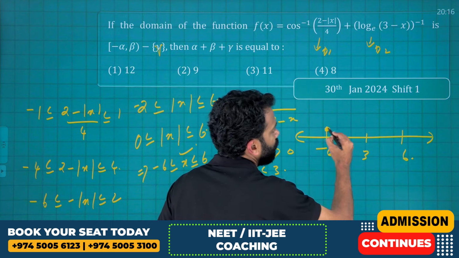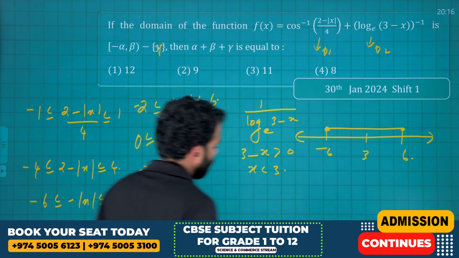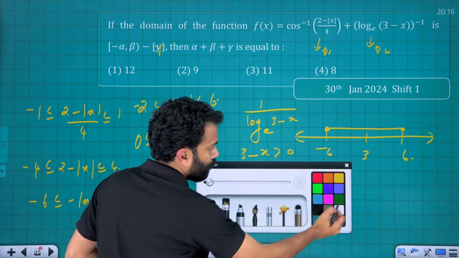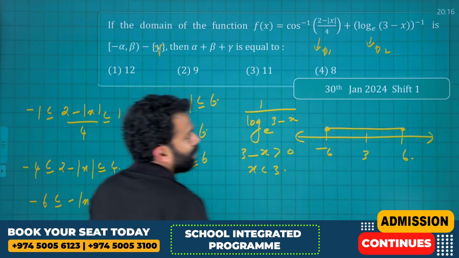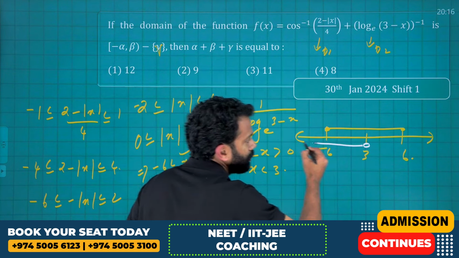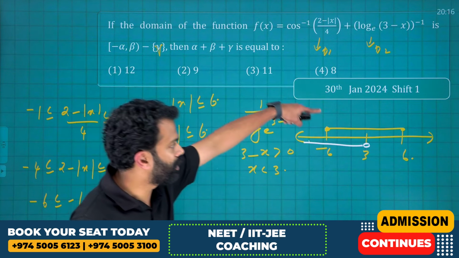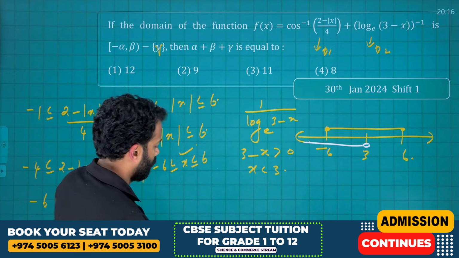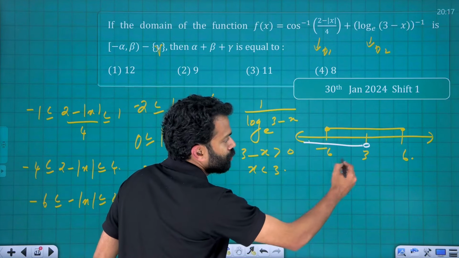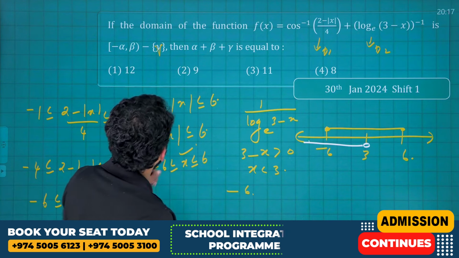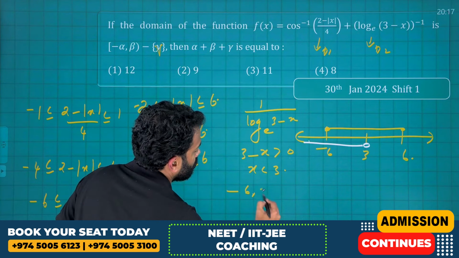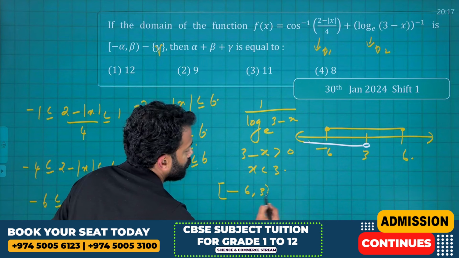The top region will be from minus 6 to 6, and we can draw the next one in another color, less than 3. So what is the region common to these two? That is this region, minus 6 to 3, closed interval minus 6 to 3.